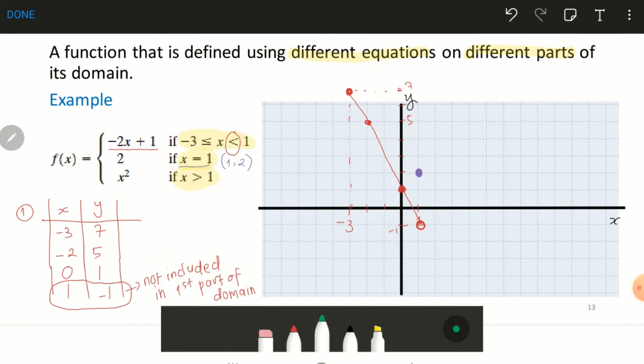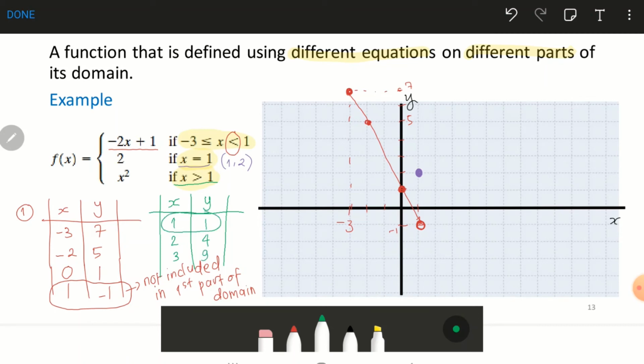Now when x is greater than 1, it's going to be x squared. So we can make another set of points, and let's start with 1 and 2 and so on. Because y is x squared, it's actually our parent function. It's going to be 1, 4, and 9.